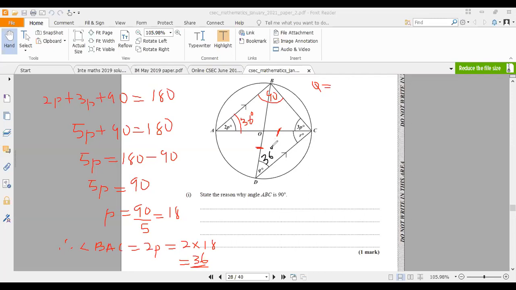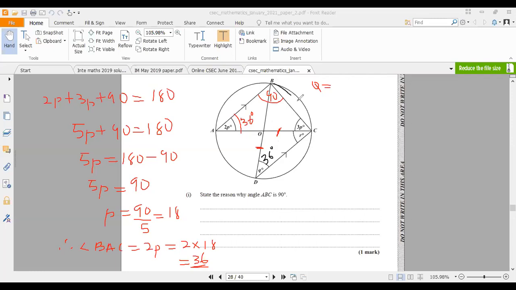Sir, because angles in the same segment are equal. Okay. So angles at the circumference sharing the same arc segment are equal. I repeat, angles at the circumference sharing the same arc segments are what? Equal. So this angle here is sharing this arc here.